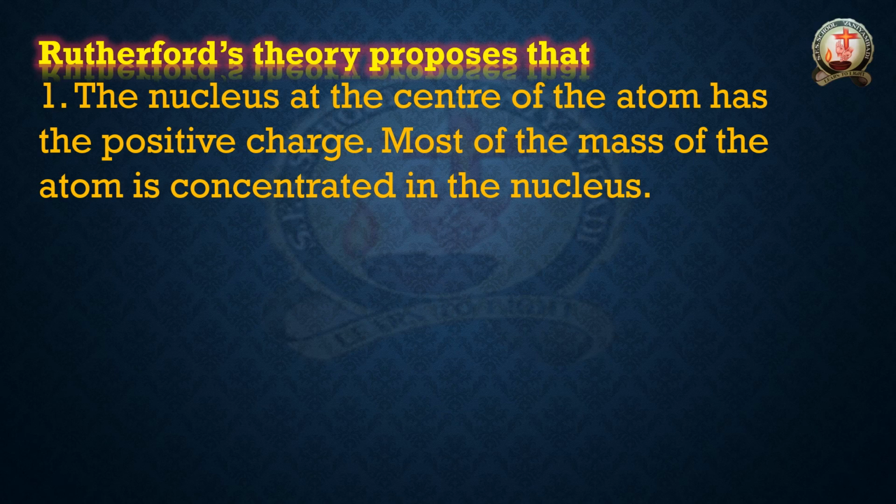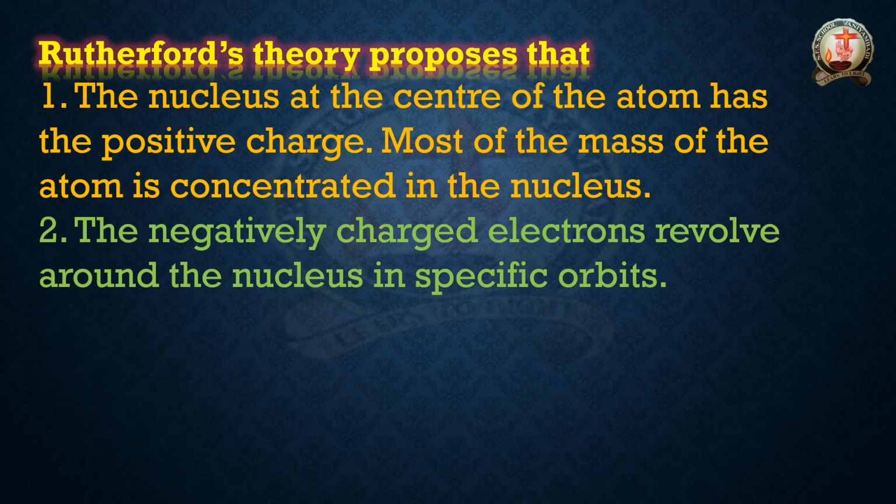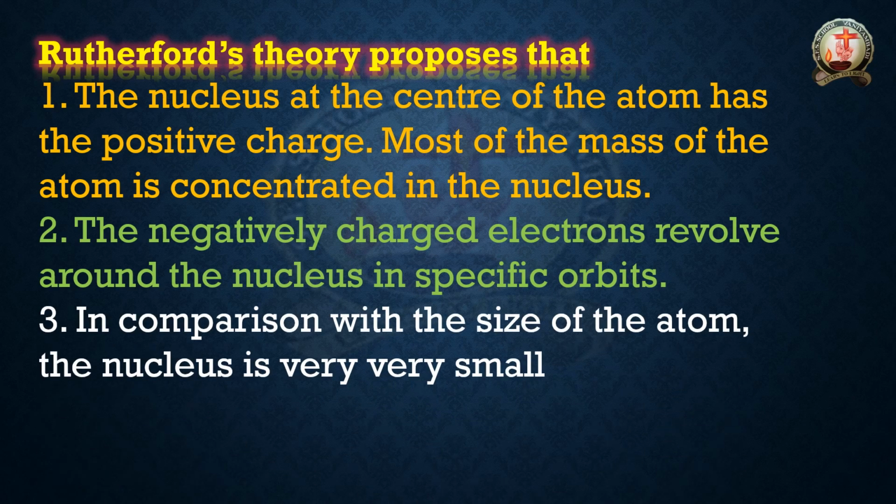Also, the nucleus, proton plus neutron, is said to be the mass number. Negatively charged electrons revolve around the nucleus in specific orbitals. In comparison with the size of an atom, the nucleus is very, very small. The atom is also small, but comparatively the nucleus inside is very, very tiny.